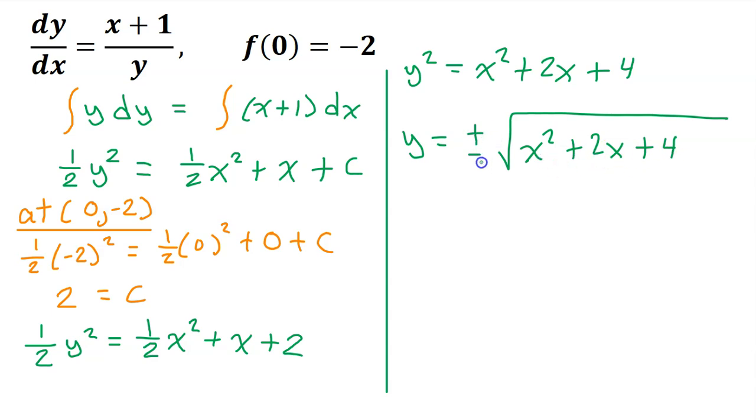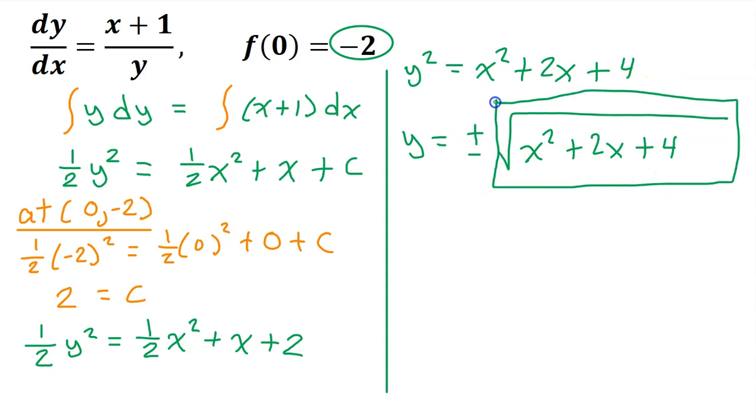Which one is correct depends on the initial condition. Notice that f at 0 is -2. It's a negative number. The square root part can only give you a positive value. There's nothing that you can plug inside of a square root that will give you a negative number.